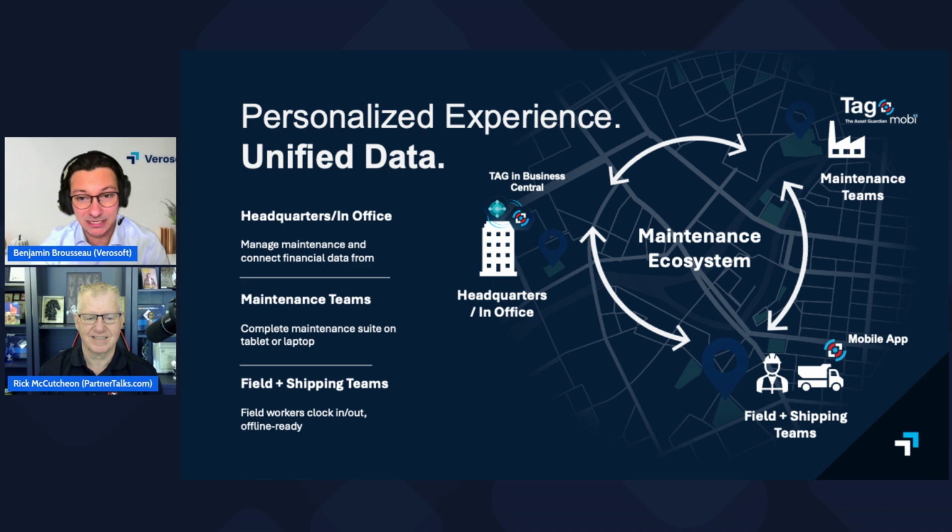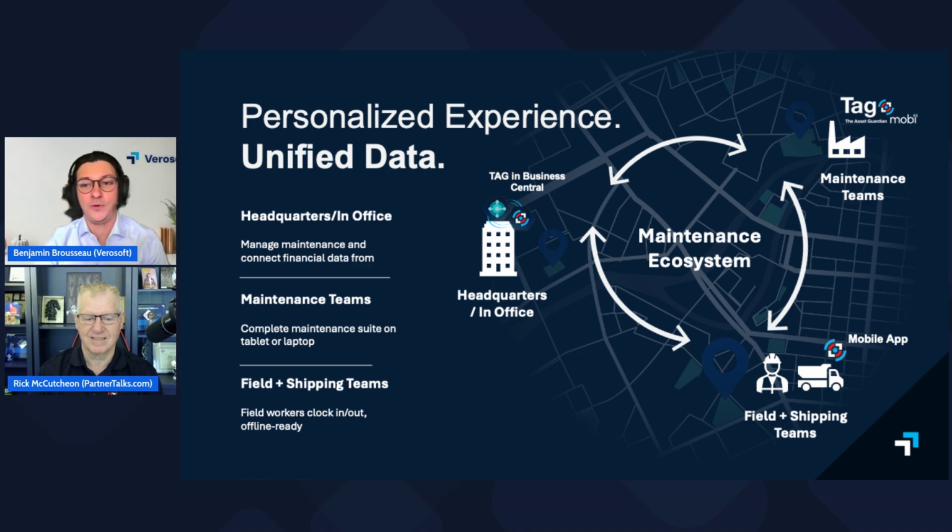It's the maintenance ecosystem we're trying to put in place with the combination of BC and TAG. What we see in this visual is that at the head office we would have maybe a system administrator, someone in IT, or even a controller who would consume maintenance information through BC, through our TAG extension.